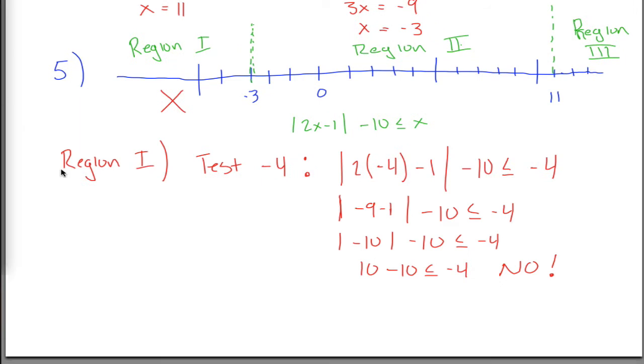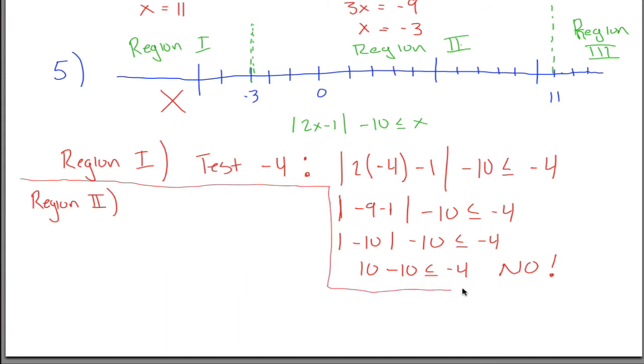All right, let's do that a couple more times, maybe a little bit smaller. Region 2. You test any number. -2, -1, 0, some fraction in between, 10, 5, whatever you want. 0 is easiest, I think, because that'll make all the x's kind of go away.